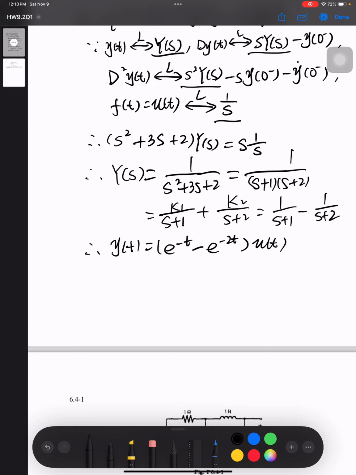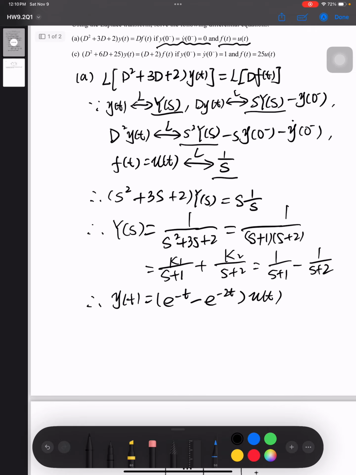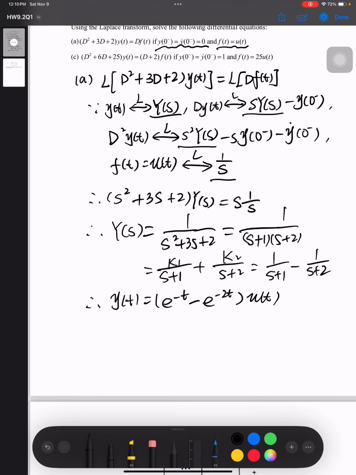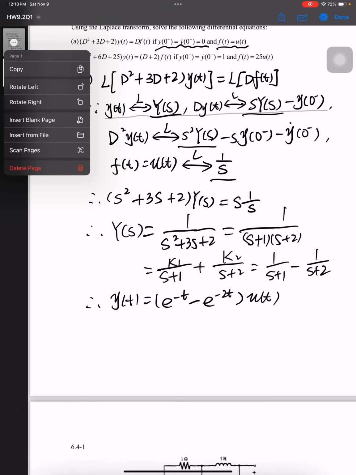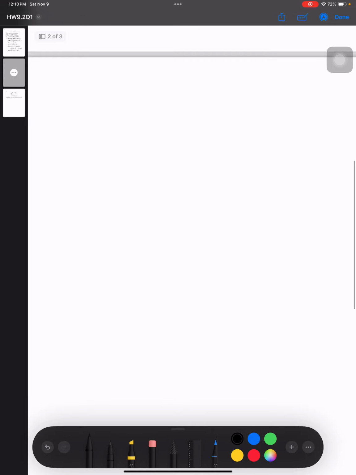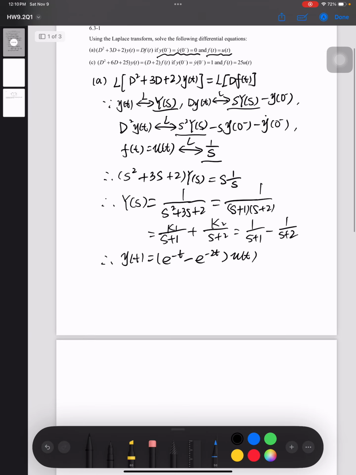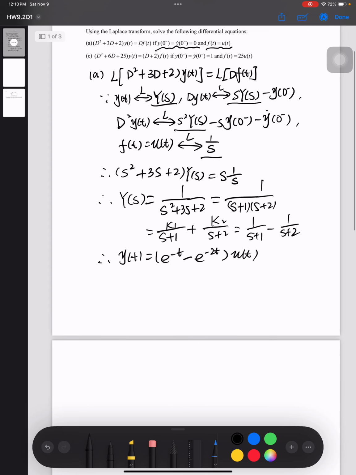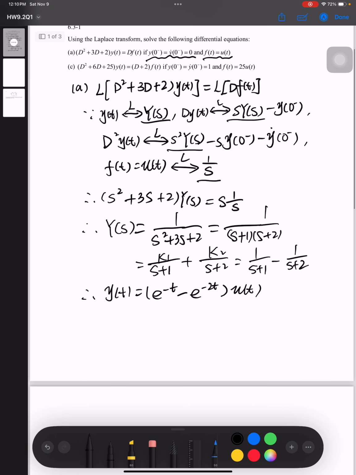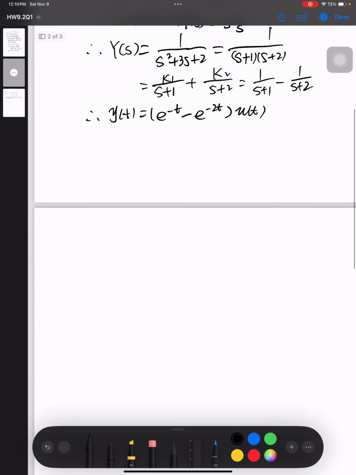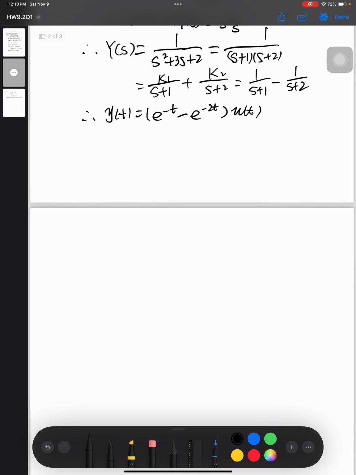And this is A. And for the next question, C, we do the same thing, except it has different boundary conditions. So we just do the same thing except with different boundary conditions.